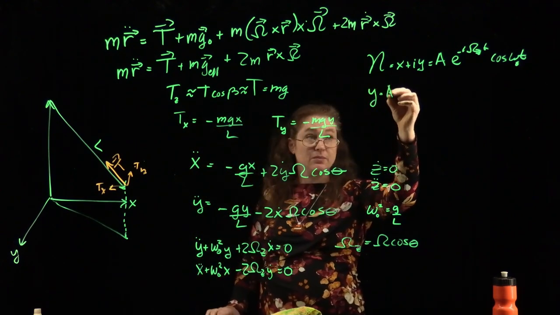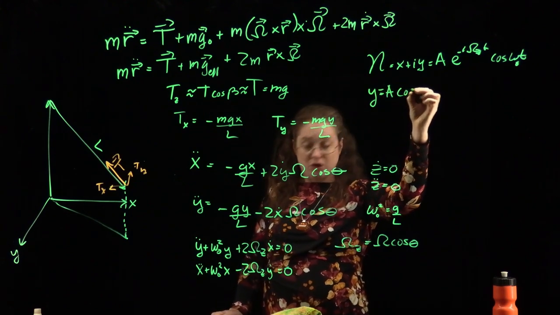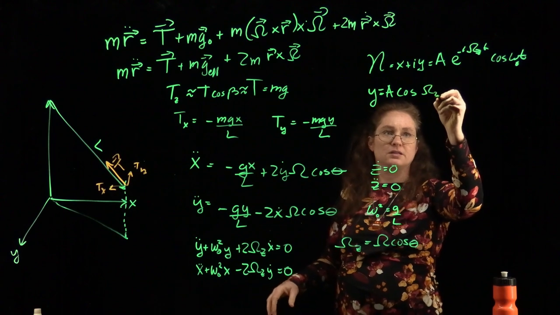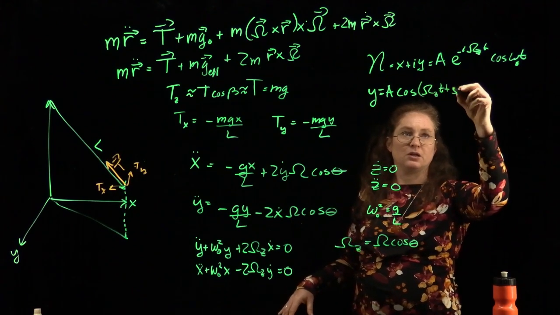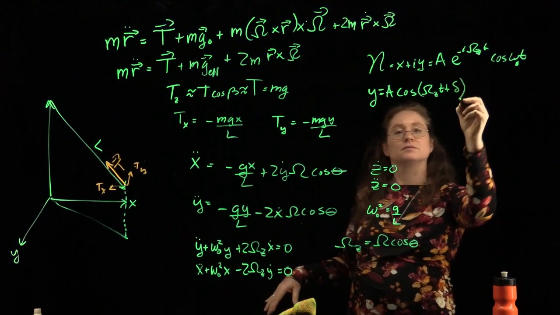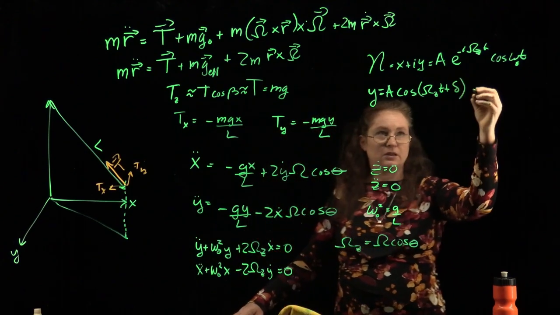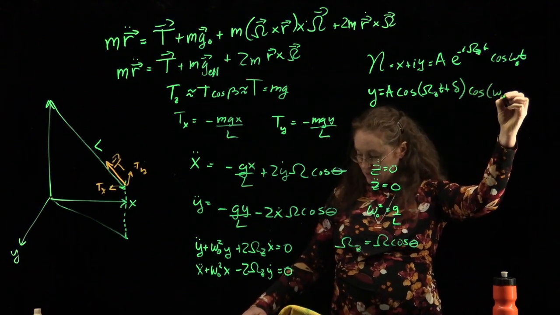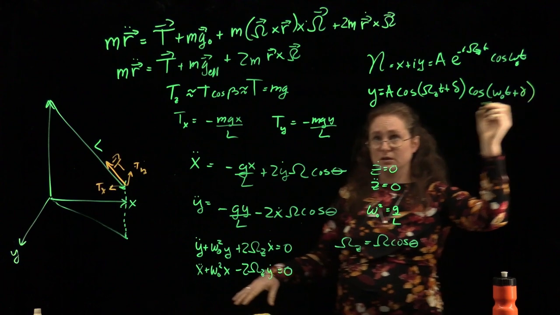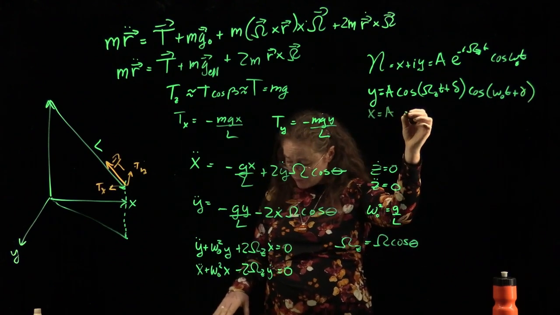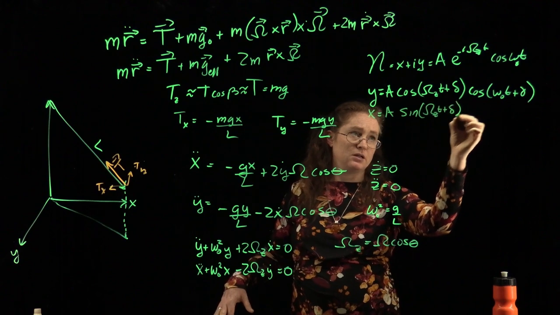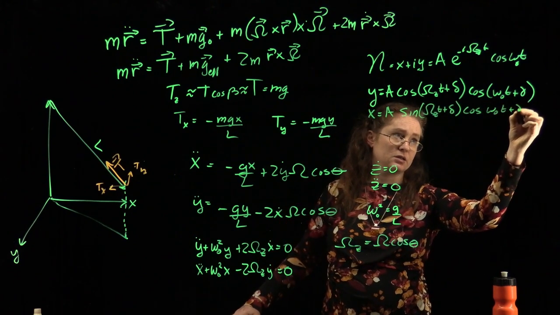So y equals some initial amplitude, cosine omega z t plus delta, let me call this capital omega, and then cosine omega naught t plus gamma, and then x is the same form, but this guy has to be sine omega z t plus delta cosine omega naught t plus gamma.